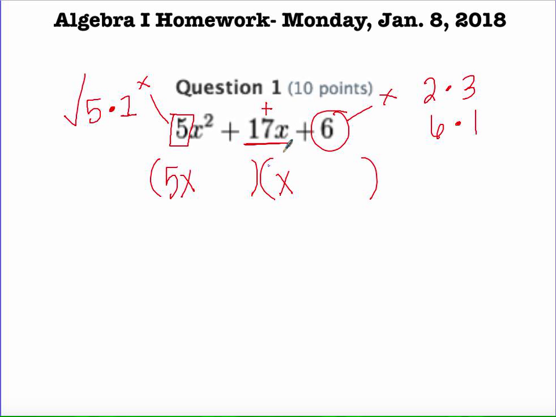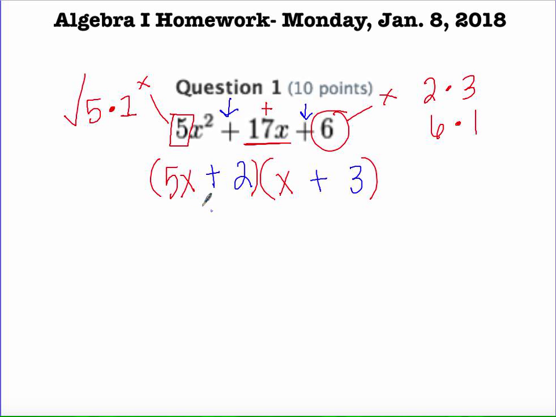If I really have number sense here, I know that 5 times 3 gives me 15, and then another 2 is 17. So I'm going to try this combination with the 2 being here and the 3 being here. Since the 6 is positive, I know these signs have to match, and since it adds up to a positive 17, I know they both need to be plus.